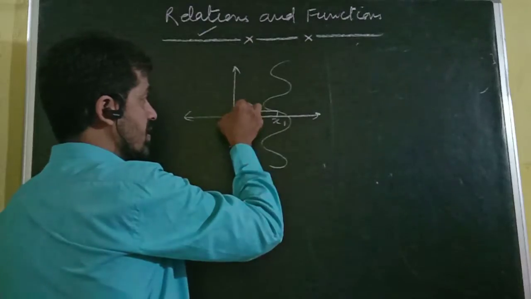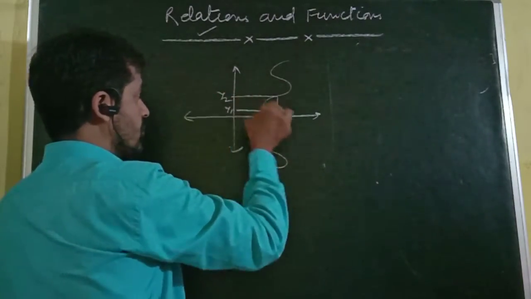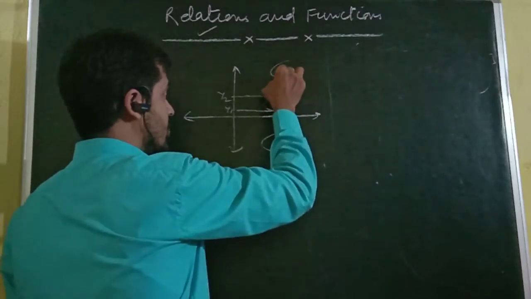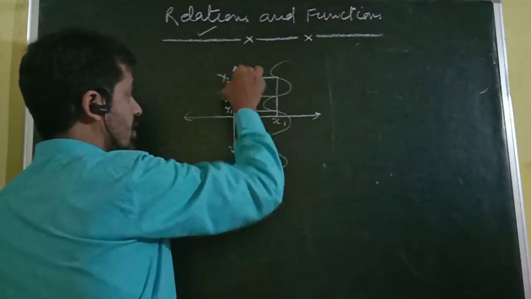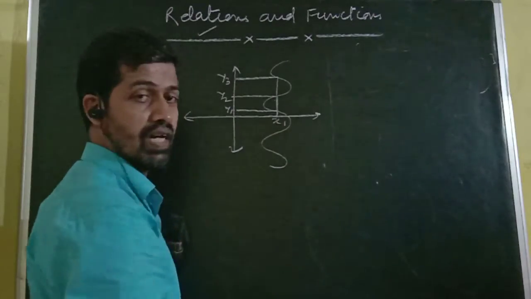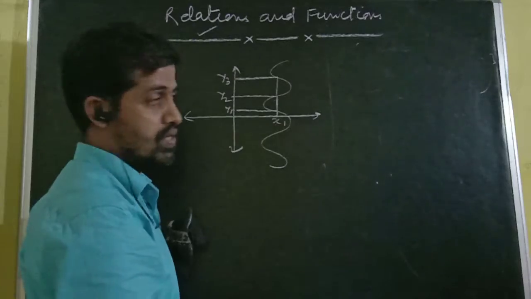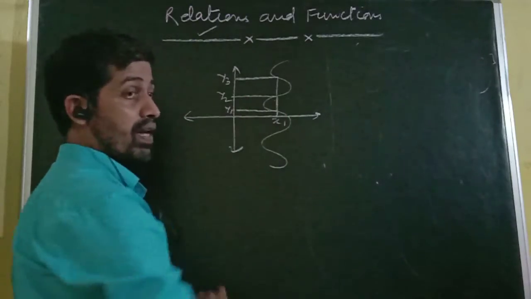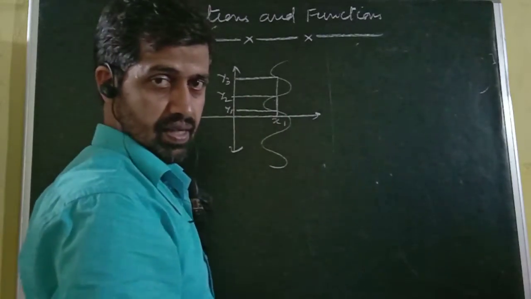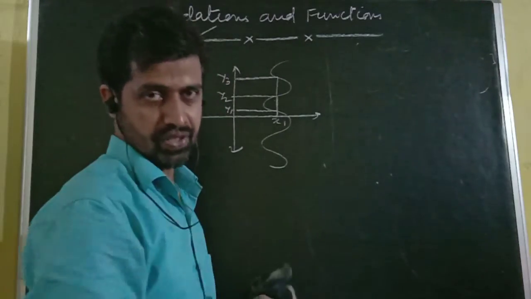So x1 is related to y1, then x1 is related to y2, and likewise x1 is related to y3. So x1 is not uniquely related. Hence it is not the graph of a function. If it is not parallel to the y-axis, then it will be the graph of a function.